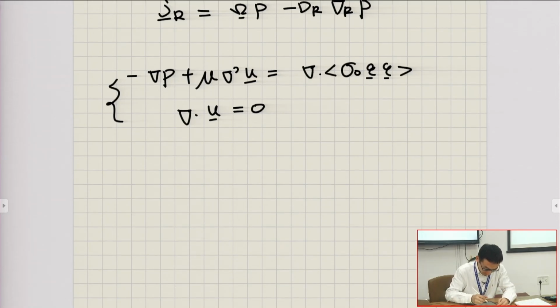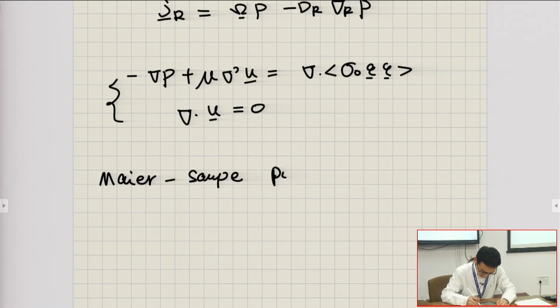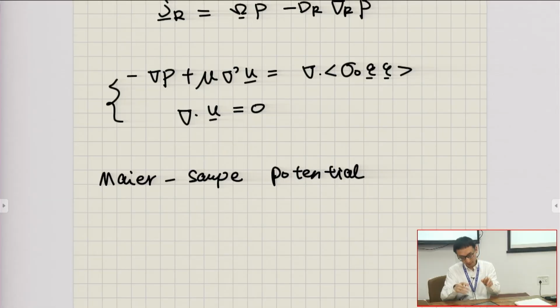This is essentially borrowed from classical liquid crystal theories. I can introduce a Maier-Saupe potential. There are other types of potentials one can introduce, but this is one of the simplest.